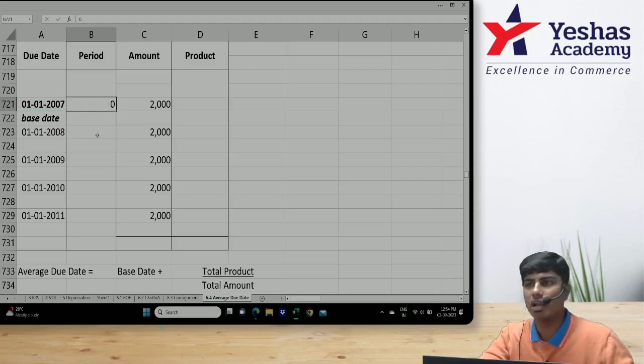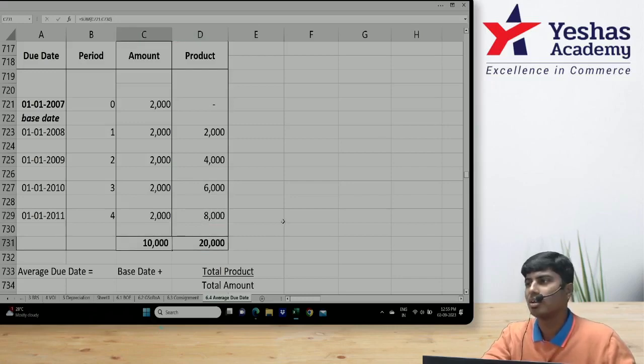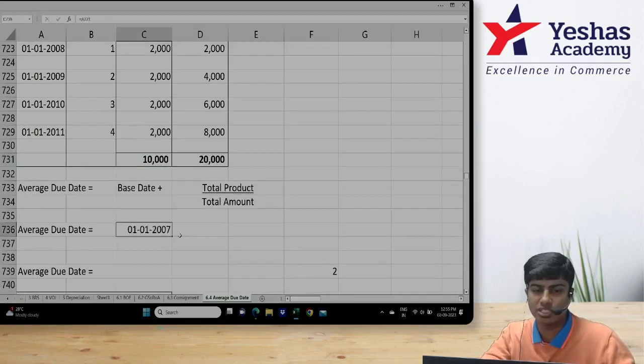Here I can write 12 months or I can write 1 year. 1 year, 2 years, 3 years. 0 into 2000, 1 into 2000, 2 into 2000, 3 into 2000, 4 into 2000. 8 plus 6, 14 plus 4, 18 plus 2, 20.